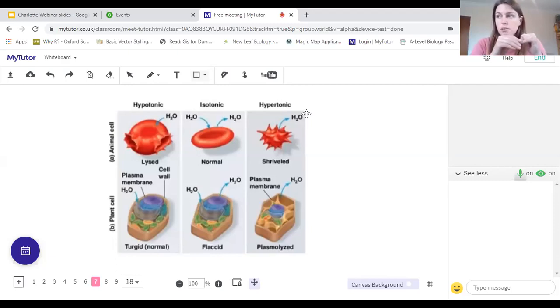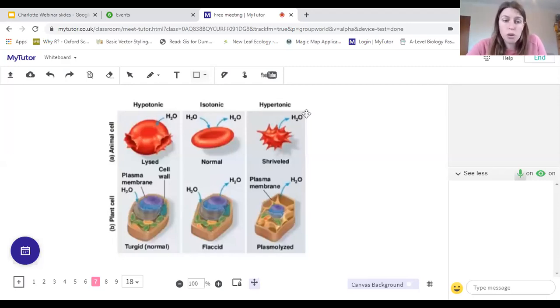Because it's full of cell sap, that area of the cell that's taken up by that vacuole isn't full of water. That means that there's a lower concentration of water in plant cells generally than you would expect, because quite a lot of it is taken up by that vacuole.